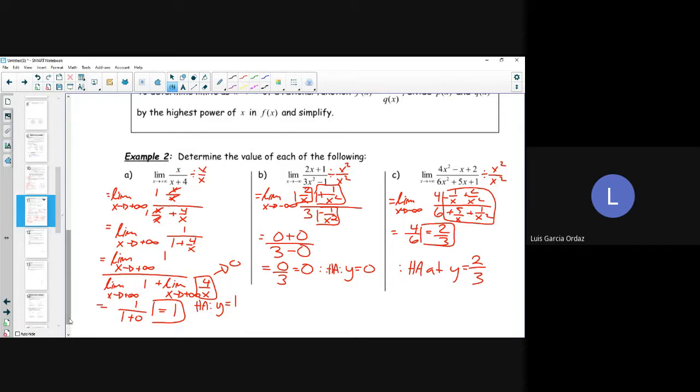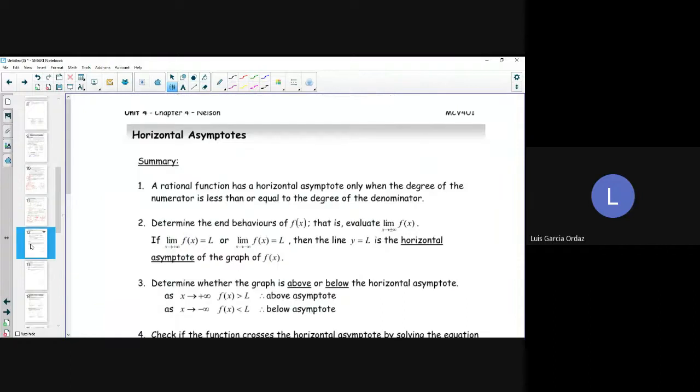So all you're doing to find your horizontal asymptote is taking the variable with the highest degree and dividing it by both your numerator and your denominator. It's basically another way of saying division for polynomials.